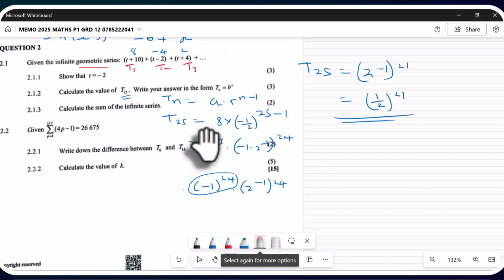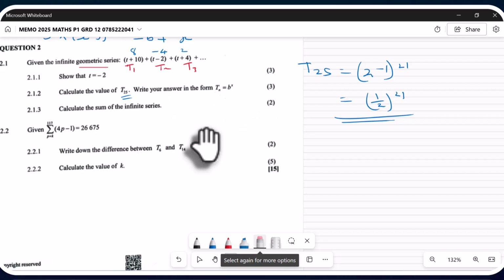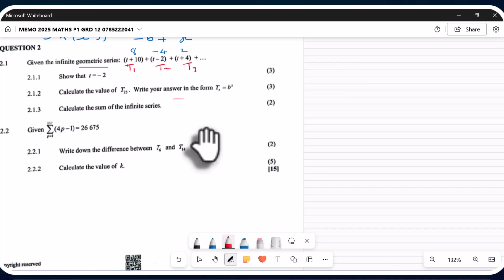Let's check here. If I divide the 8 divided by 1,5, yeah, it gives me 5,33. That's the answer there.